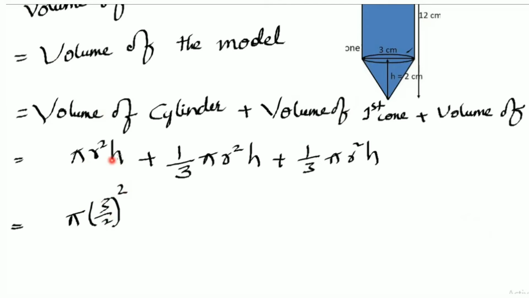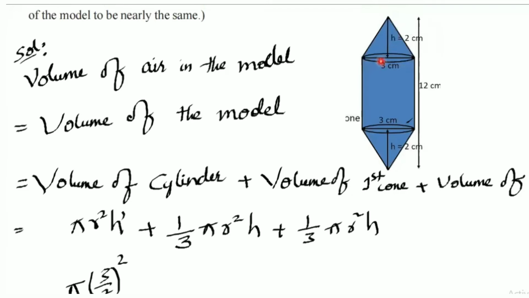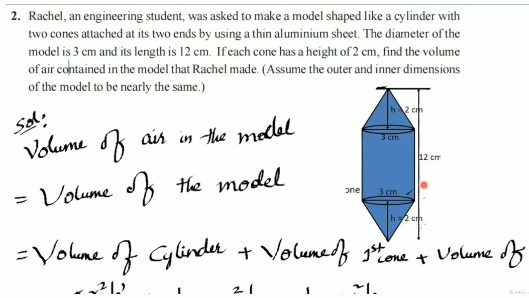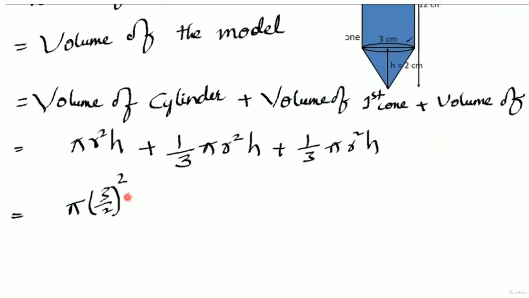This is h of the cylinder. Let me write it as h dash. H of cylinder from here to here is 8, because total from here to here it is 12, and in that we subtract the 2 and 2, we get 8. So into 8.